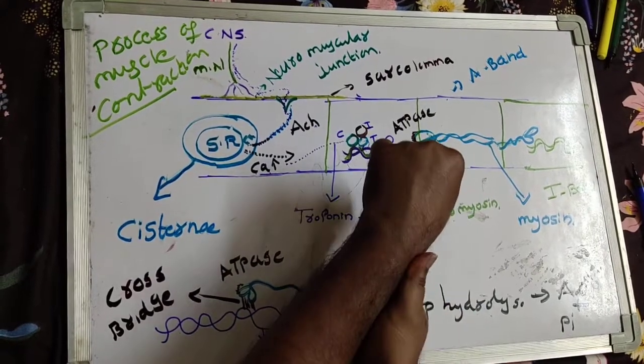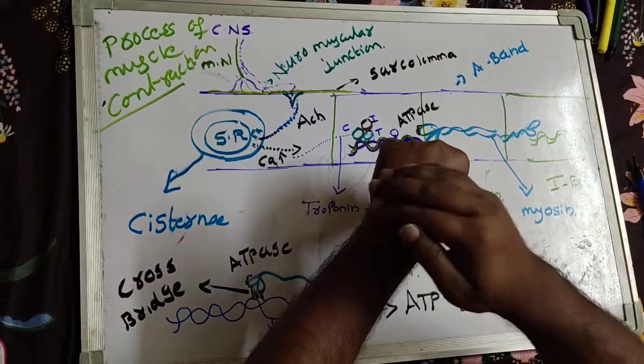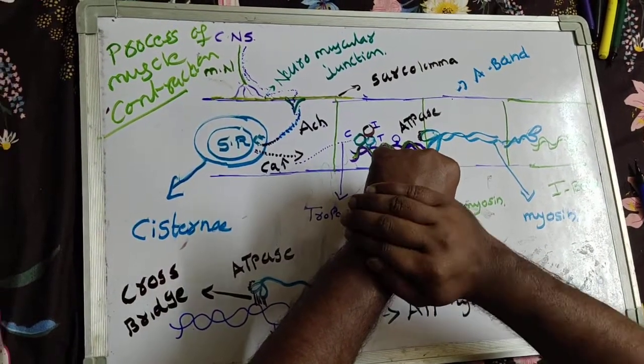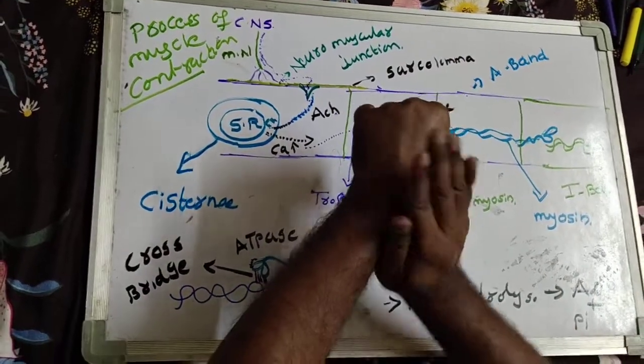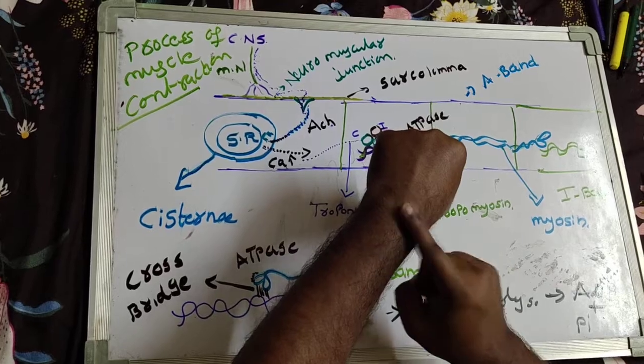When it changes position, the active site is exposed. Before, it was covered with the troponin I. When the mask's position changes, the active site is exposed.